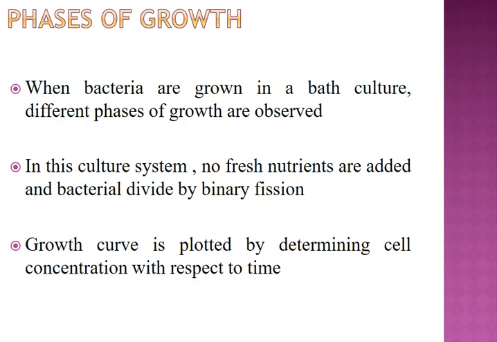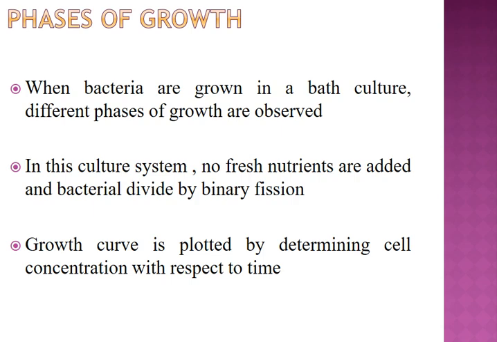Now, we will study the different phases in bacterial growth when bacteria are grown in a batch culture. Remember, this batch culture is a closed culture system. It contains an initial limited amount of nutrients.